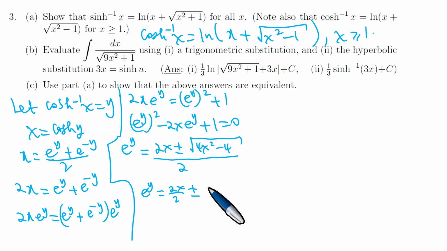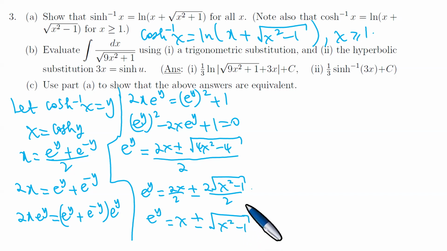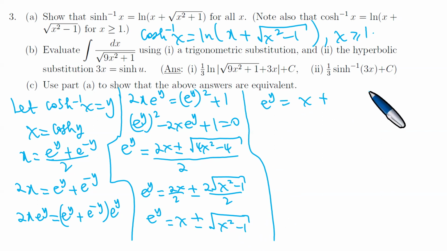And then take the square root of 4, it's 2, the square root of x squared minus 1, out of 2. Which is x plus or minus the square root. Which means e to the y equals x plus the square root.